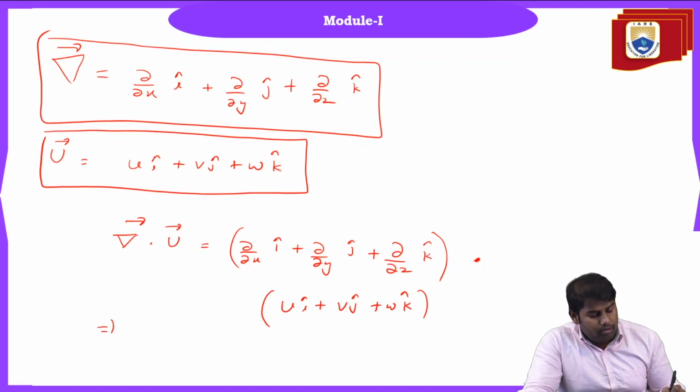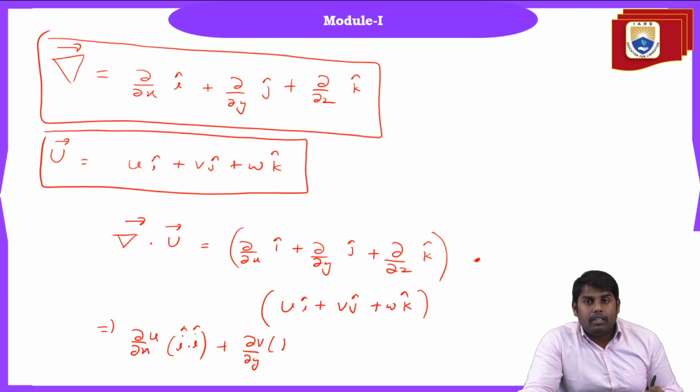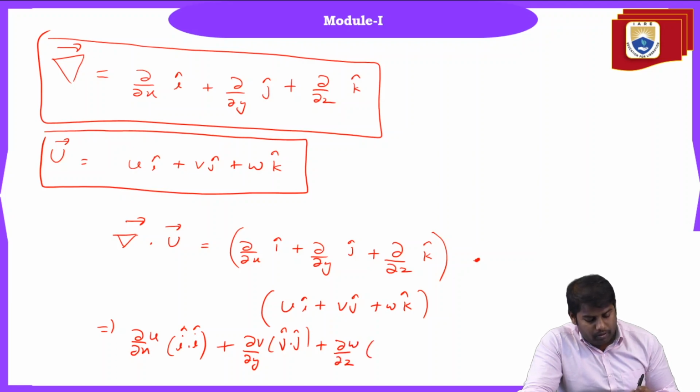So when we do the dot product, what happens? Dou by dou x of u, plus, we have i cap dot i cap, plus dou by dou y of v j cap dot j cap, plus dou by dou z of w k cap dot k cap.